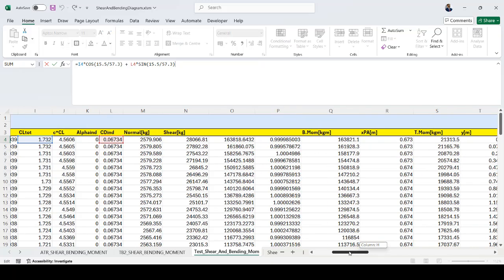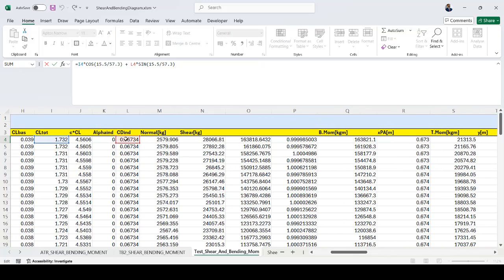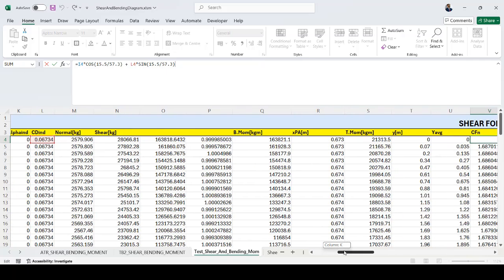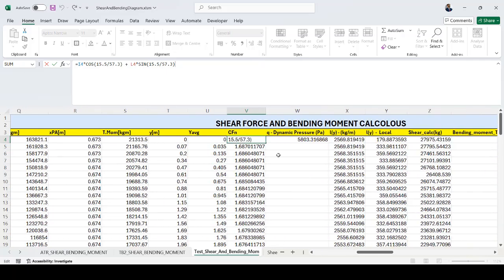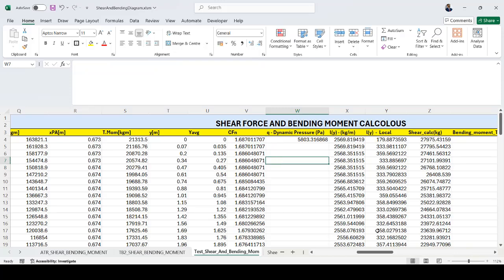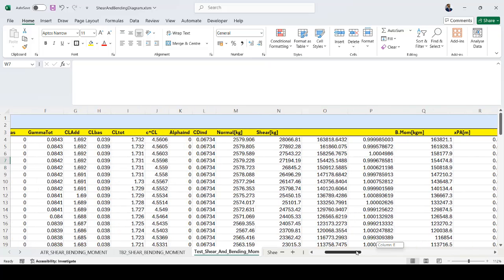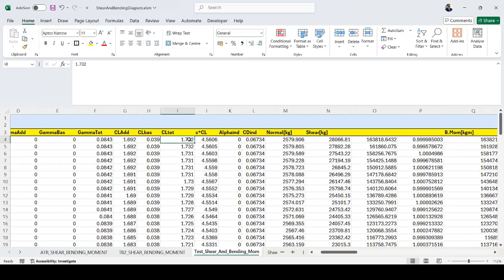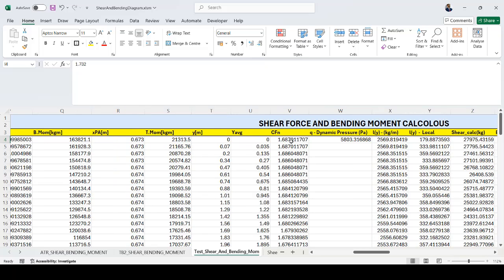That here is represented as a CD induced, because the CD naught, the parasite drag of the wing, is more or less similar, and the calculation is made with the CD induced. So this is the CFN that is different from the CL tot. This is the CL along, let's say, the normal direction. The coefficient that is useful for our calculation of the shear force and bending moment.